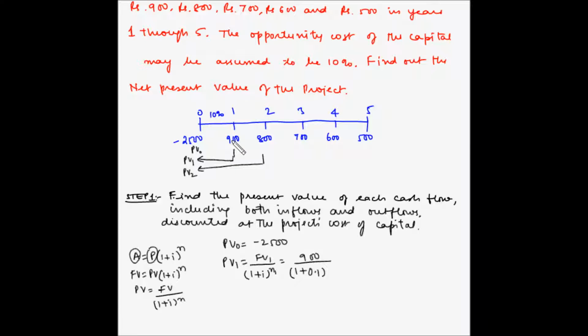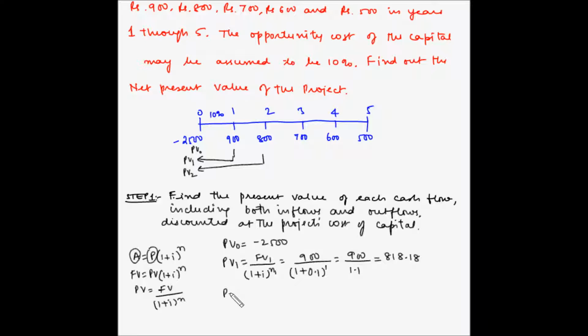Now this 900 rupees is at the end of first year. So 1 is the total number of compounding periods. So this is 900 divided by 1.1, which is equal to 818.18.